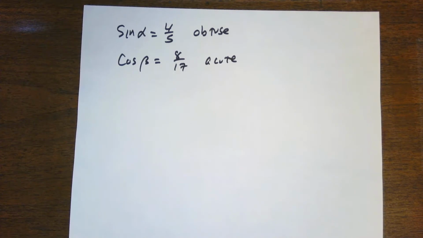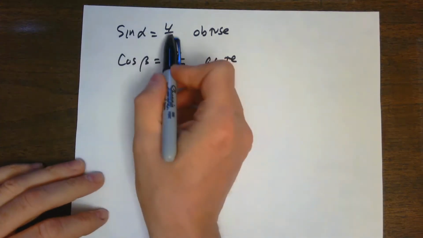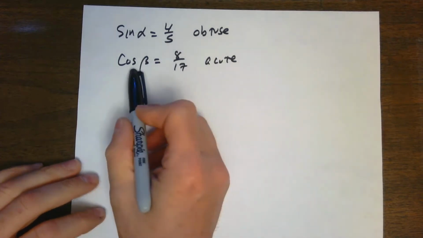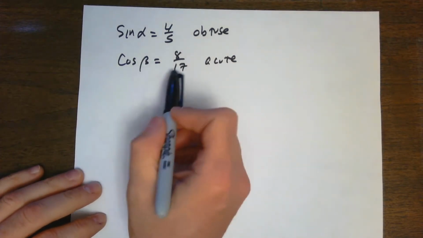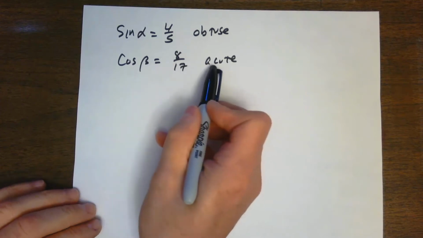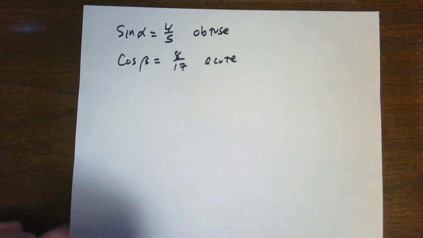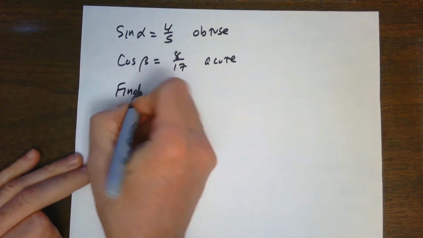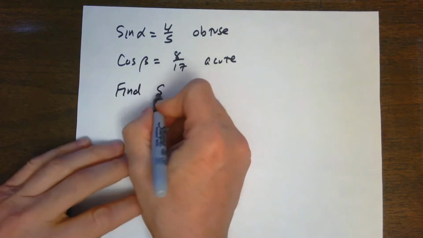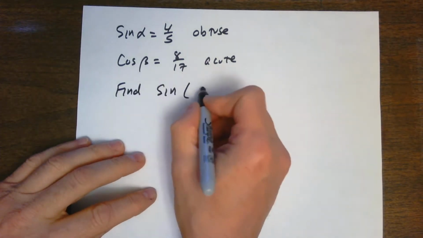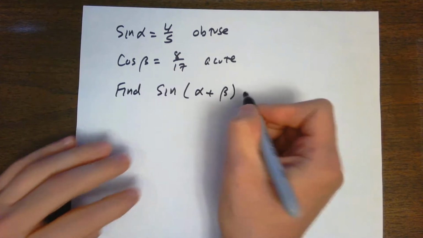So I've got 2 angles here. One angle alpha, the other angle beta, and the sine of alpha is 4/5, and it's an obtuse angle. The cosine of beta is 8/17, and beta is an acute angle. And I want you to find, in exact values, the sine of alpha plus beta.